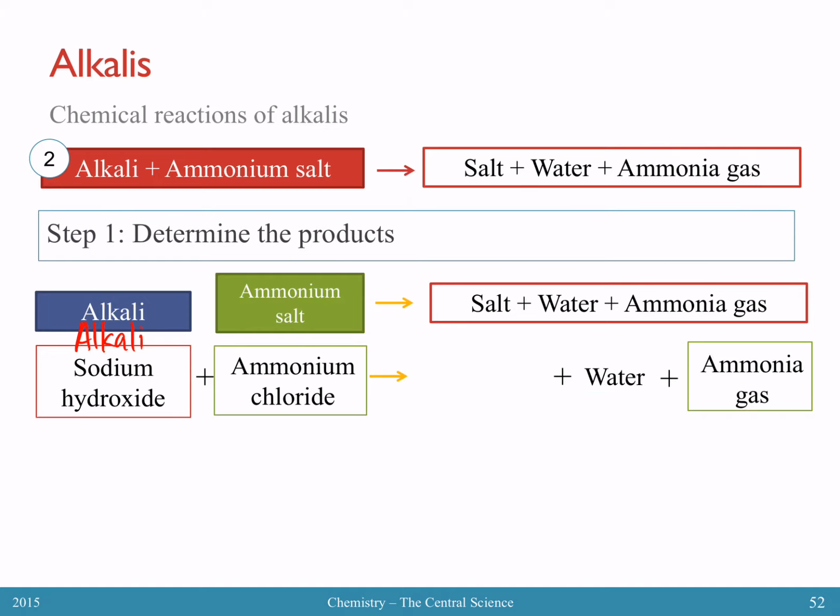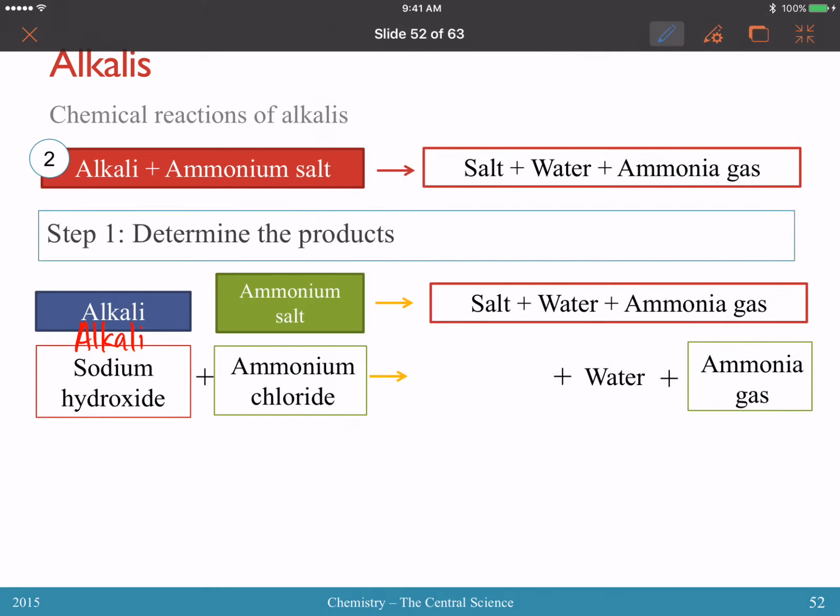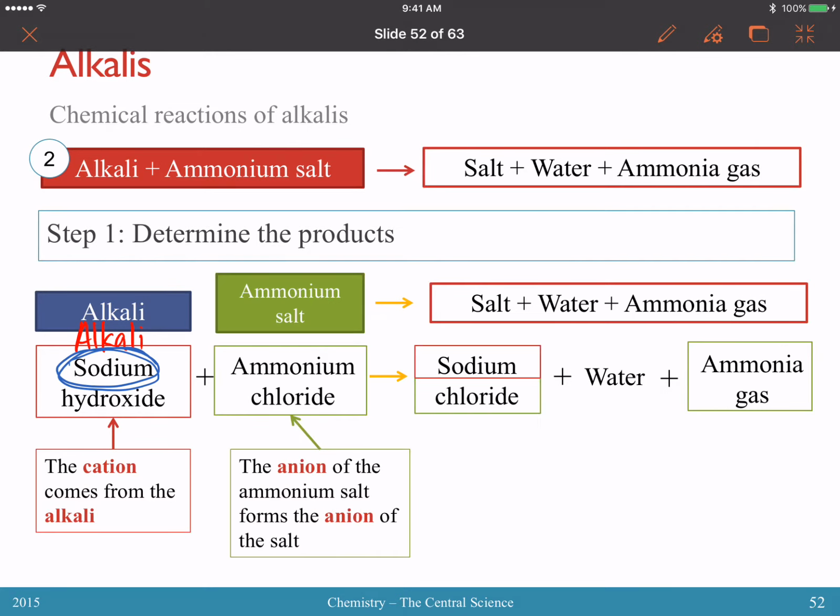So water and ammonia gas is quite straightforward. What is the salt that's being formed? Remember that our alkali always gives the cation. So my salt will be sodium chloride: sodium from my alkali, and chloride from my ammonium salt.